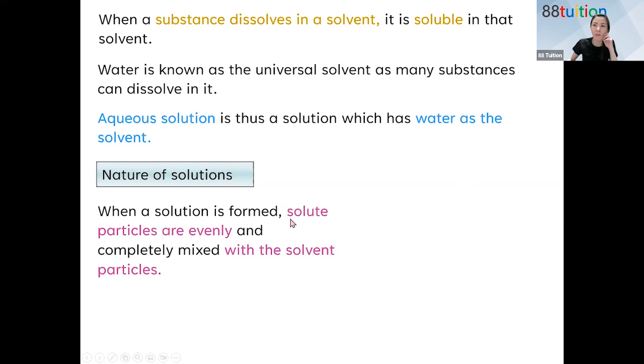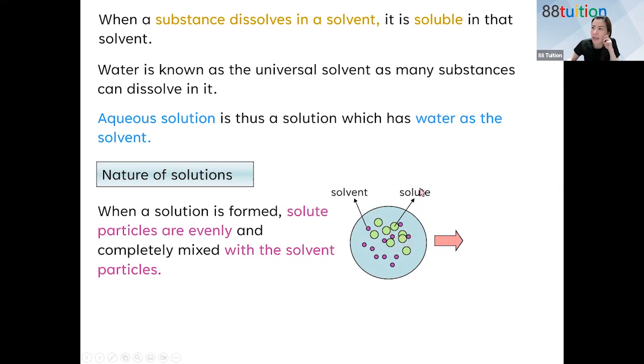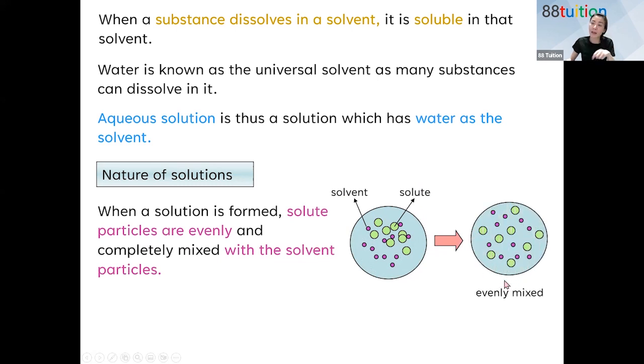When the solution is formed, solute particles are evenly and completely mixed with the solvent particles. So this is the example of just adding the solute into the solvent. After you start stirring and it dissolves, this is what you will see in terms of particles.